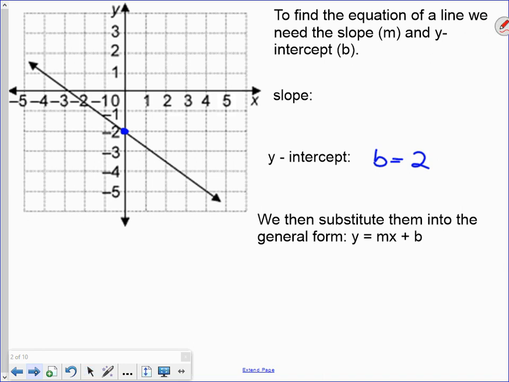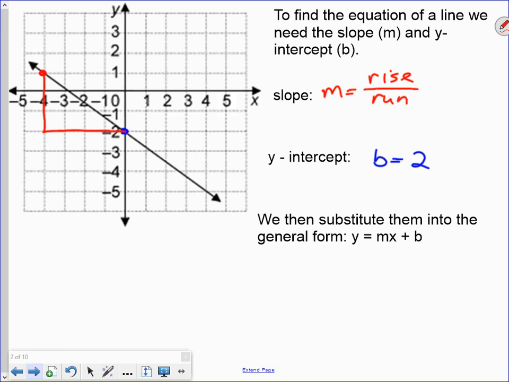To do our slope from a graph, we can do the thing that we did last year where we draw this little triangle and we figure out the rise and the run. What is our rise here?